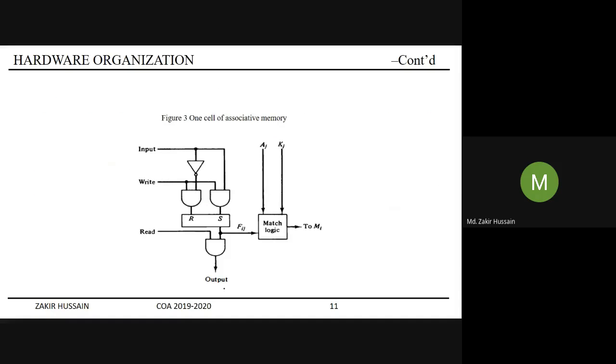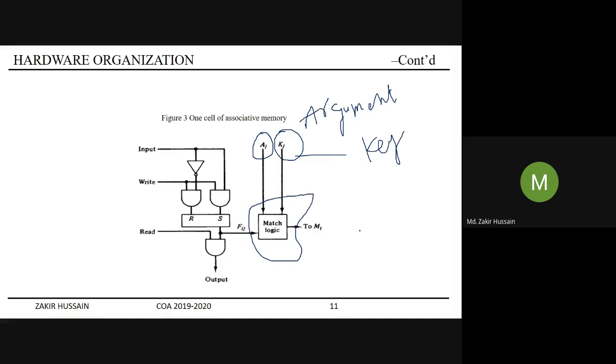Now this is your argument register contents, your argument register bit, and this is your key. What we have to understand from this one cell is, if you see the match logic here, what is coming to the match logic?